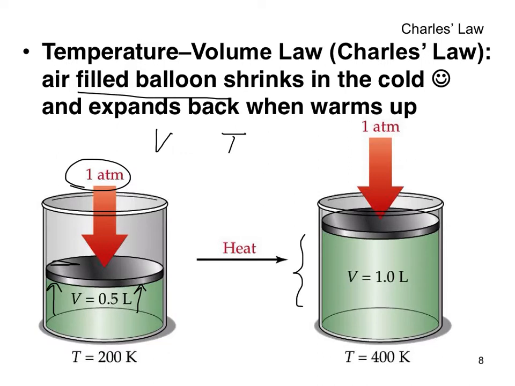In other words, the gas is going to go through an expansion process during this heating process, provided the pressure is constant and the number of moles that are present are constant as well.